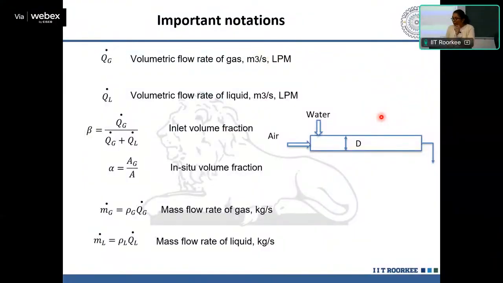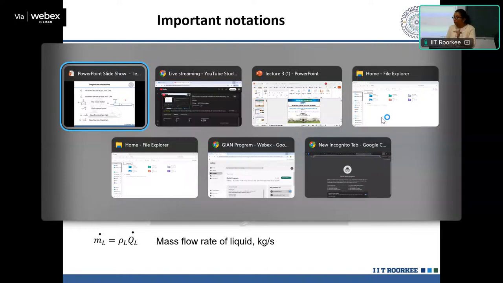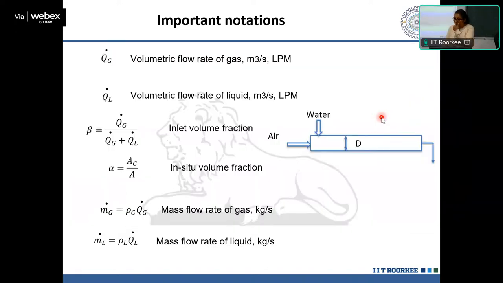Third is how much volume is occupied by the dispersed phase in a particular volume. So any such ratio gives you the idea of how much of the dispersed phase is occupied inside the tube.